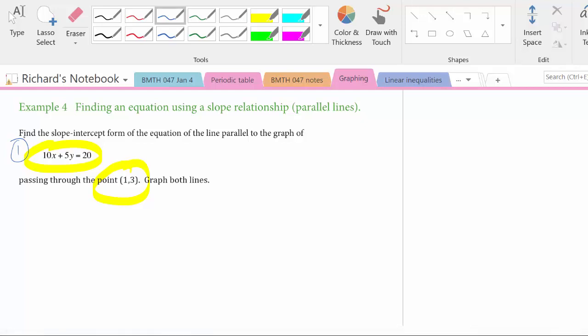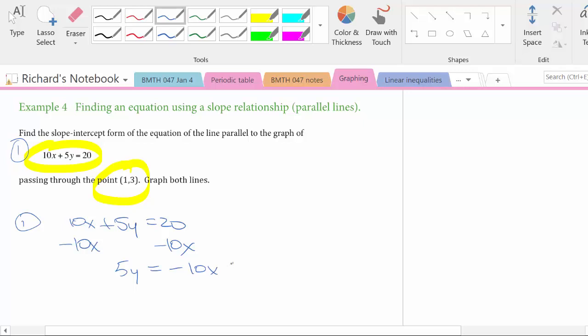Here we go, equation number 1. I'm going to isolate for y, so I'm going to add the additive inverse of 10x to both sides, which is negative 10x. This results in 5y being equal to minus 10x plus 20.